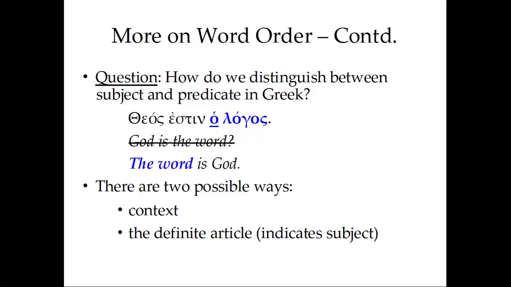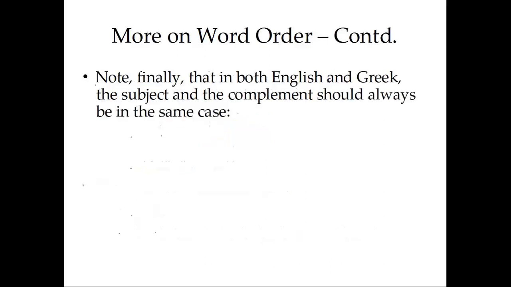The word is God. Not God is the word, but the word is God. There's a major difference in English between God is the word and the word is God. In Greek, one of the ways this is conveyed is by the presence of the definite article right in front of the subject rather than a complement.